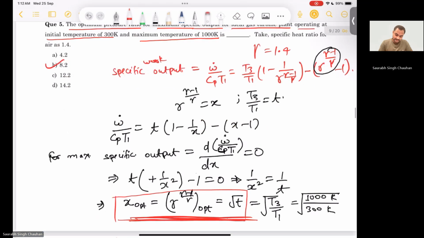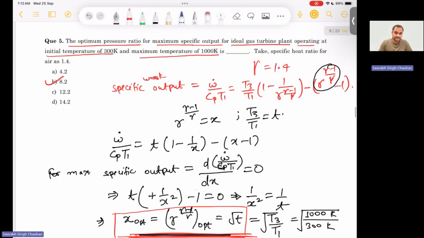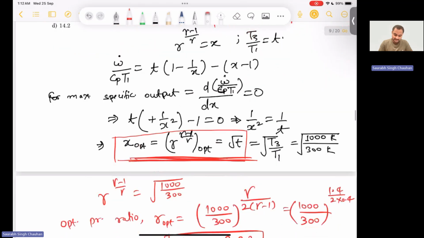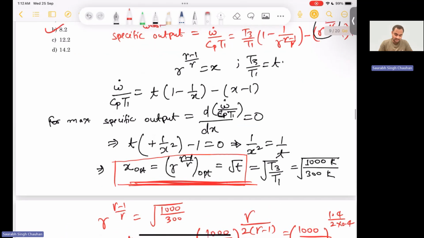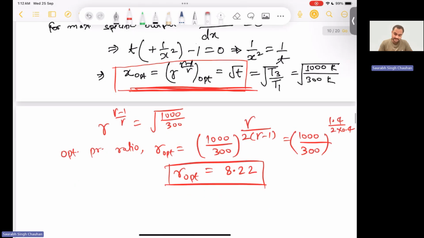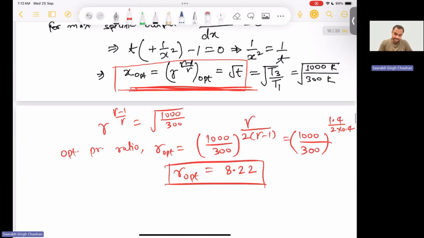This is exactly the same as question number 5, just the numerical values are different. Again, we will not derive the formula, we will just use it.